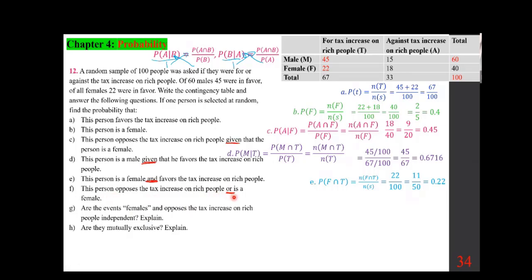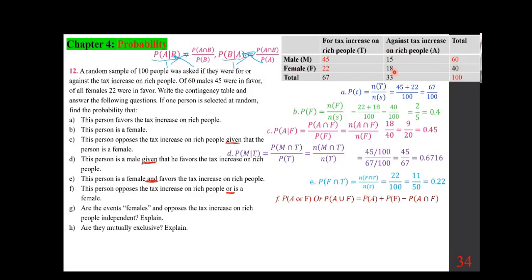For the or statement, the probability of A union B is the probability of A plus the probability of B minus the probability of A intersection B. In this case, the probability of A or F, probability of A union F, by that formula becomes probability of A plus probability of F minus the probability of A intersection F. In other words, if you look at A, you have 33. If you look at F, you have 40. But there is something in common between the two, and that has been accounted for 2 times. That's really the idea that you take off.